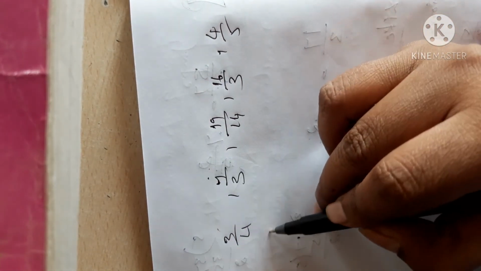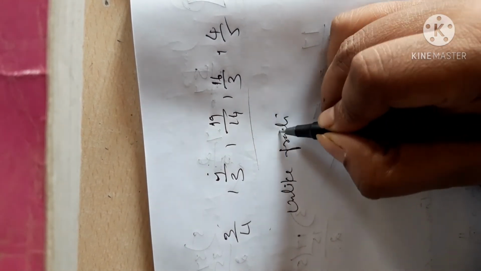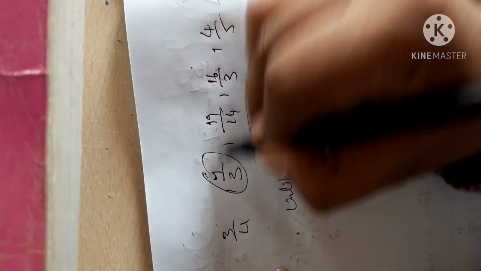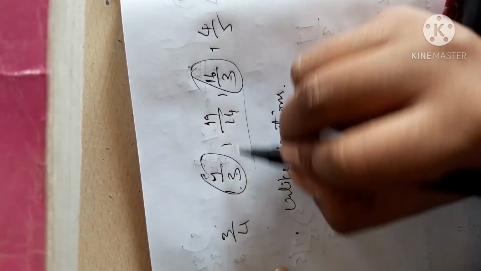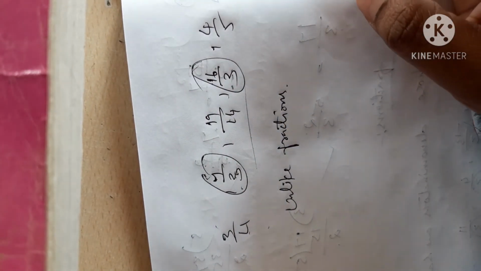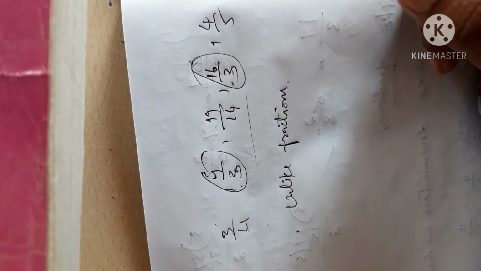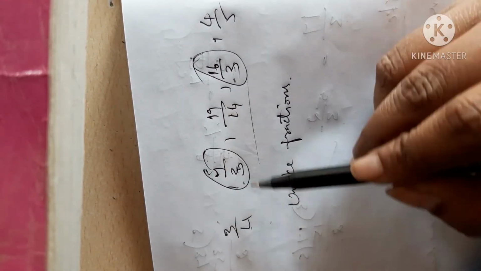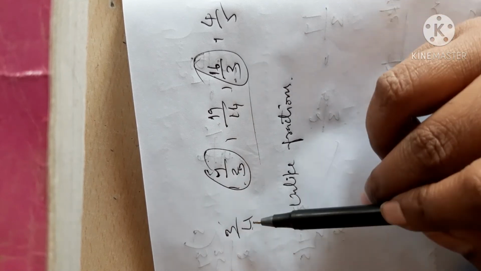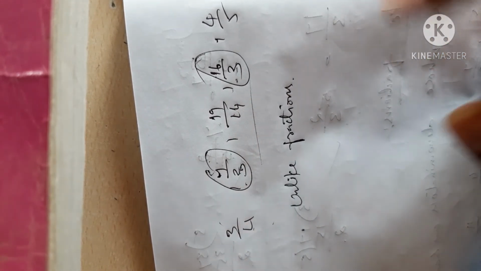Only 2 are like, the 7 by 3 and 16 by 3. The remaining are unlike fractions. Simply, the opposite of like fractions is unlike fractions, whose denominators are not the same. If the denominators are the same in all the fractions, then they are called like fractions. Clear?